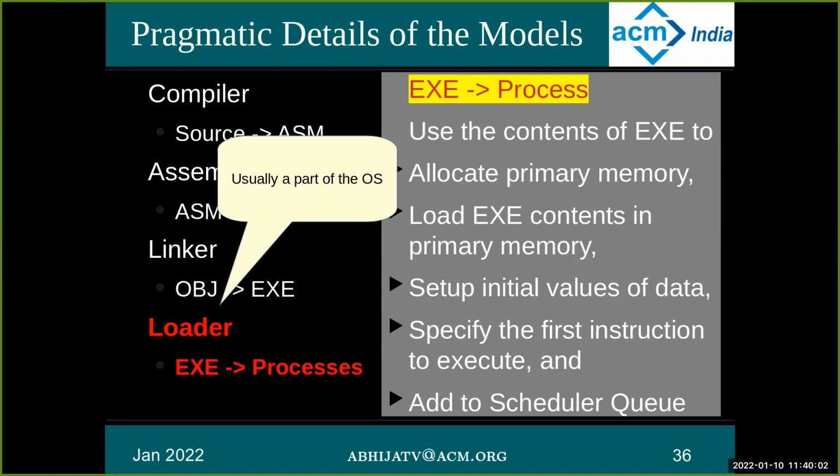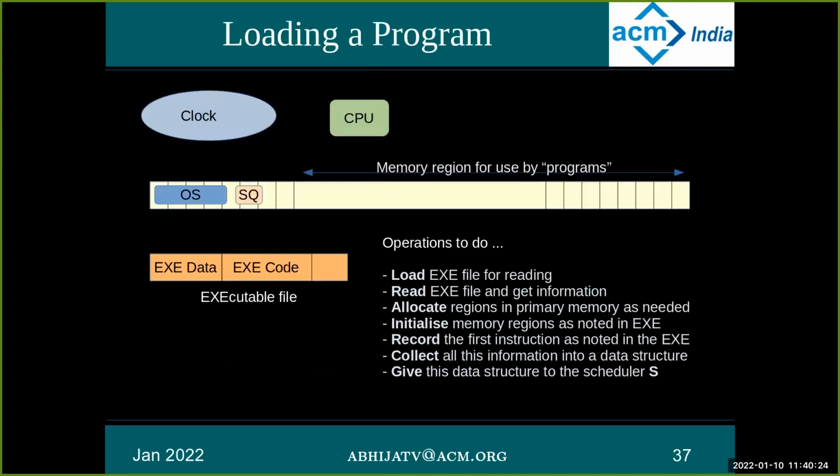In order to construct the process, it's going to use the contents of the executable file. Looking at the contents, it's going to allocate primary memory, load the contents of the exe file in the primary memory, set up the initial values of data, specify the first instruction to execute, that is the entry point, and add it to the scheduler queue. This is what we had seen before.